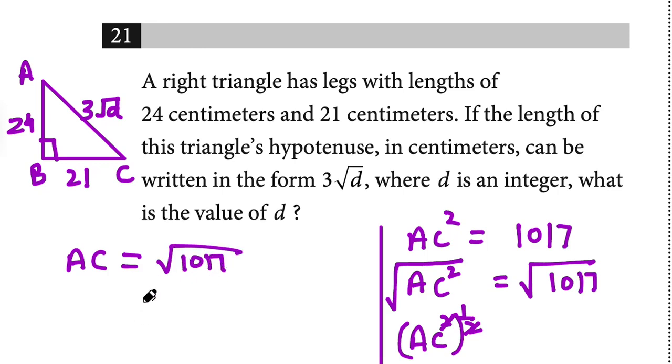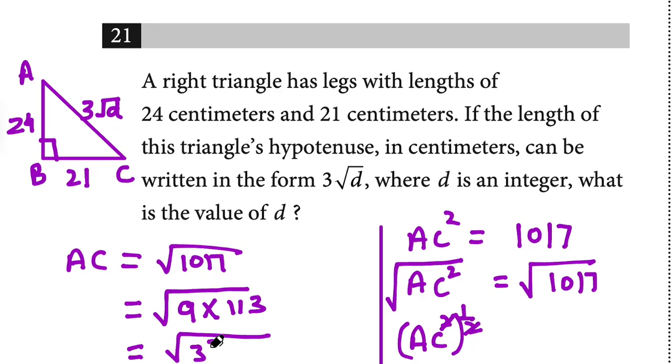Now it can be simplified further. If we factorize 1017, that is 9 times, use the calculator, 113, right? And this 9 is 3 squared. So 3 squared times 113.